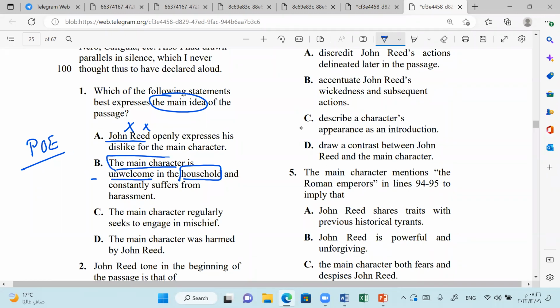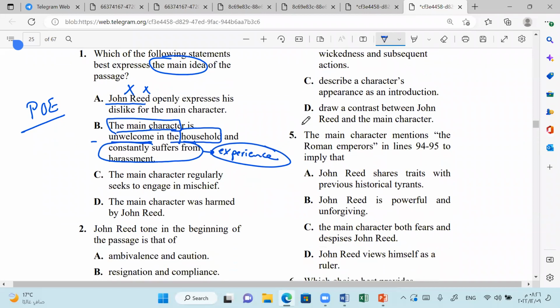So how many elements so far? 1, 2, main character, household, and constantly suffers from harassment. So this is the experience. So I have 3 elements. So I'm gonna keep this now.